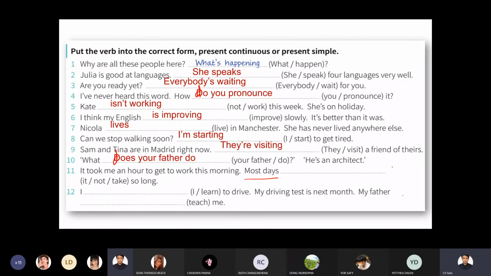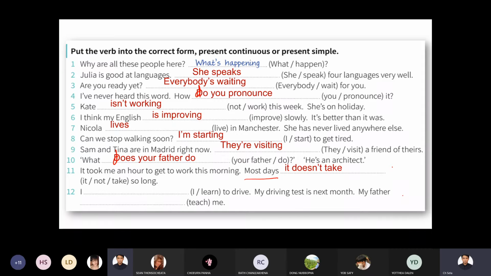Do you want to change your answer, Bopa? Okay, so most days it is your habit. Most days it doesn't take so long. Most days, almost every day, not just today. This is your habit.